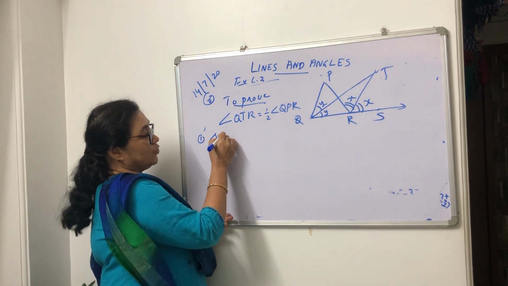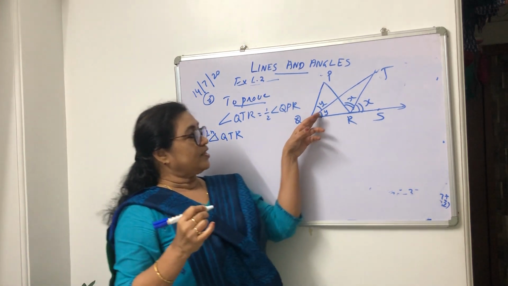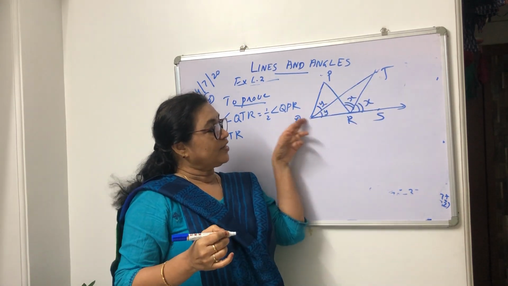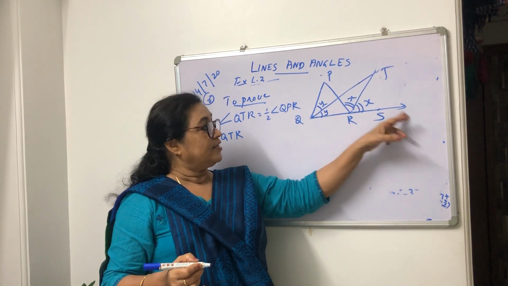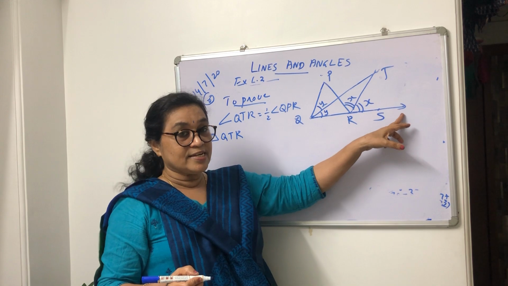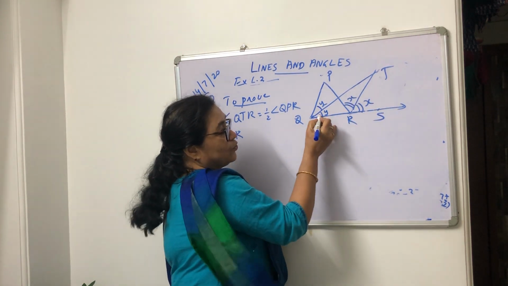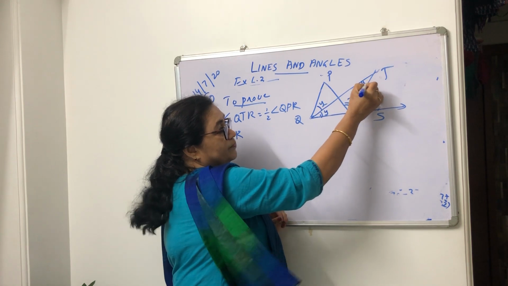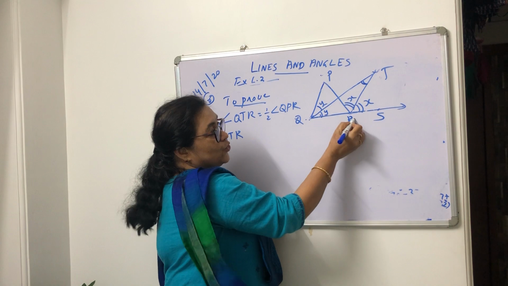First one, triangle QTR. In triangle QTR, you take this exterior angle TRS. This exterior angle is equal to sum of these two angles. This angle is QTR and this angle is TQR.